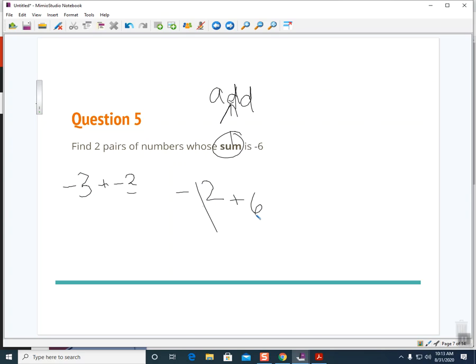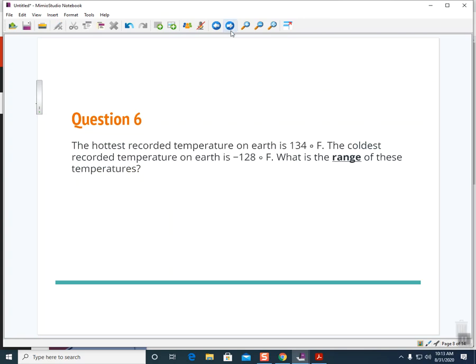That would give me -6. We could do -7 plus 1. Any combination of any of these, right? We're adding two numbers together to get to -6.